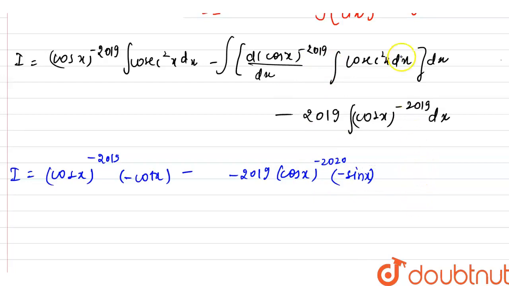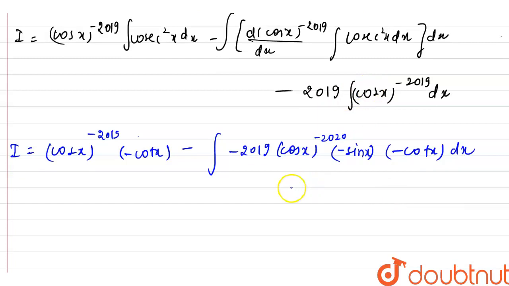And here we have the integration, minus cot x, as I told you, the integration of cosec²x is minus cot x, with respect to x. And I'm writing the last term again as it is: minus 2019 integration of cos x raised to the power minus 2019 dx.